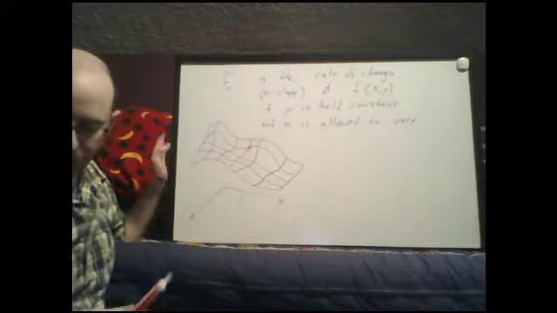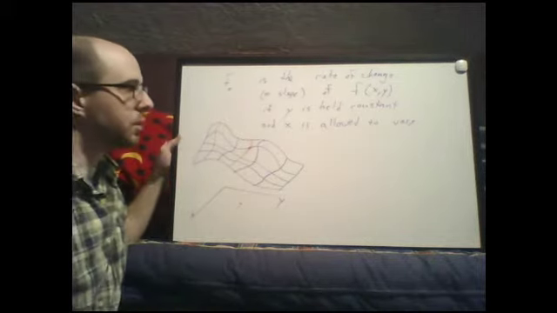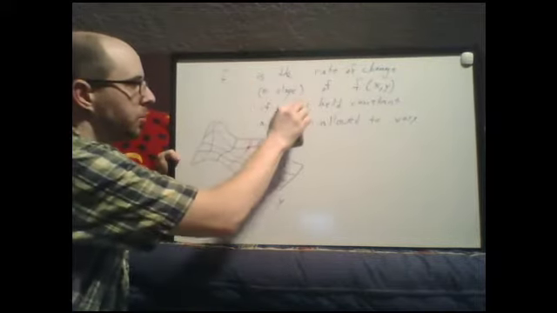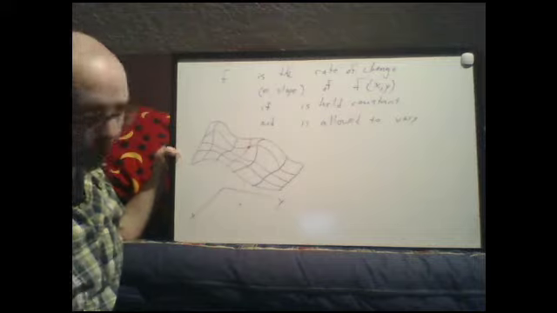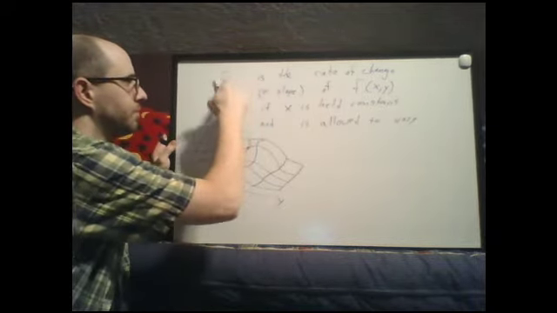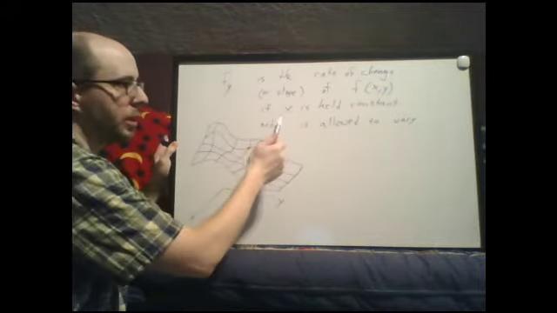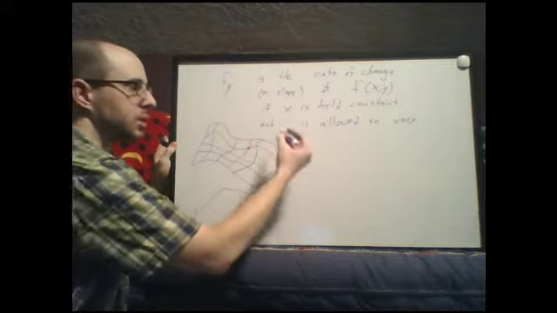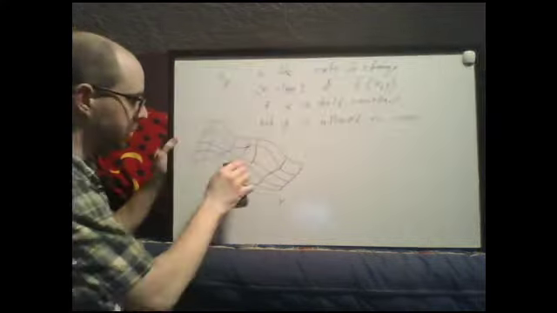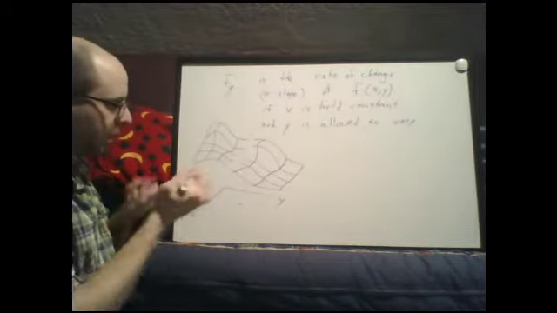Okay. Similarly, f sub y would be the rate of change in my function if x is held constant. f sub y is the rate of change or slope of f of x y if x is held constant and y is allowed to vary. So let me alter my picture now. This is maybe easier to see.